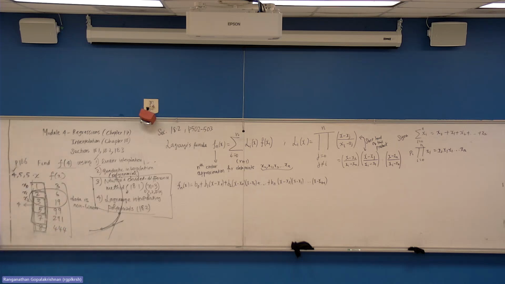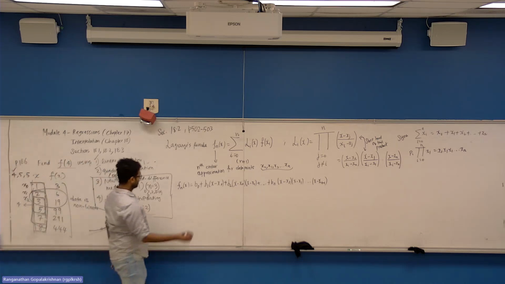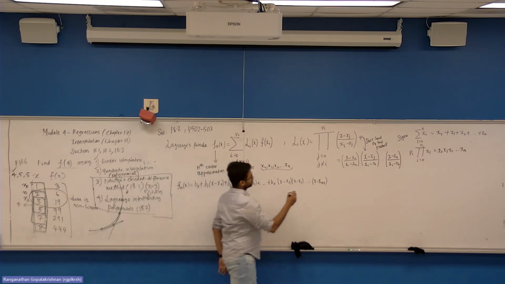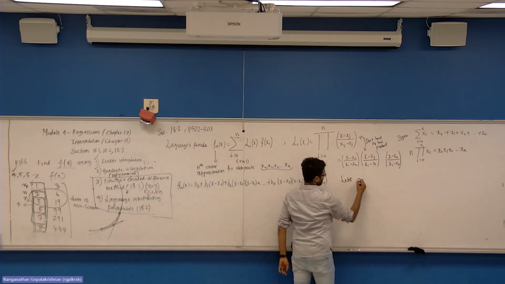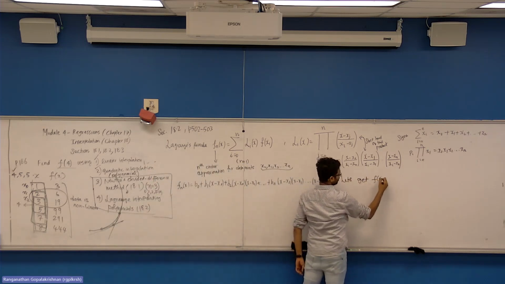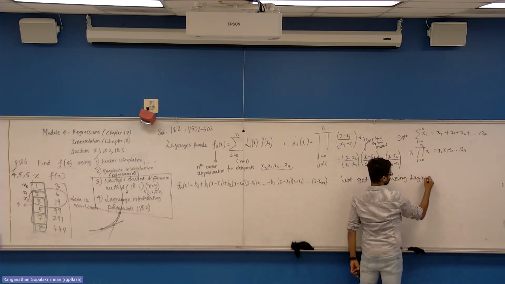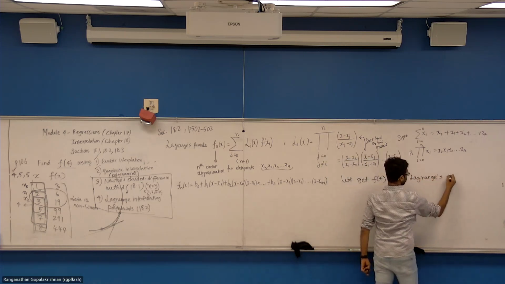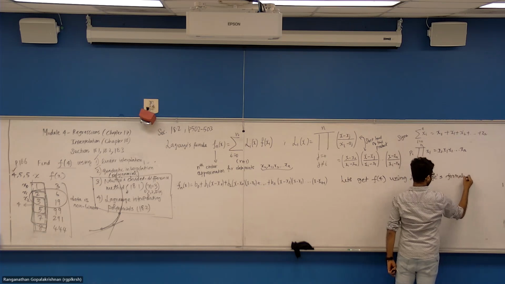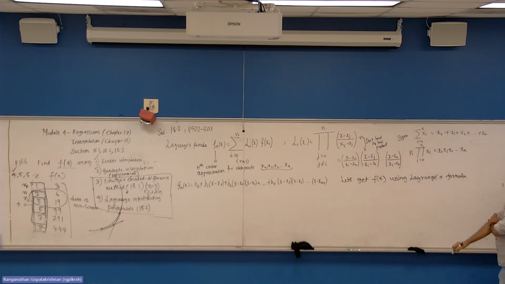Okay, so now let's solve the same question. Let's get f of 4 using Lagrange's formula with n equal to 3.